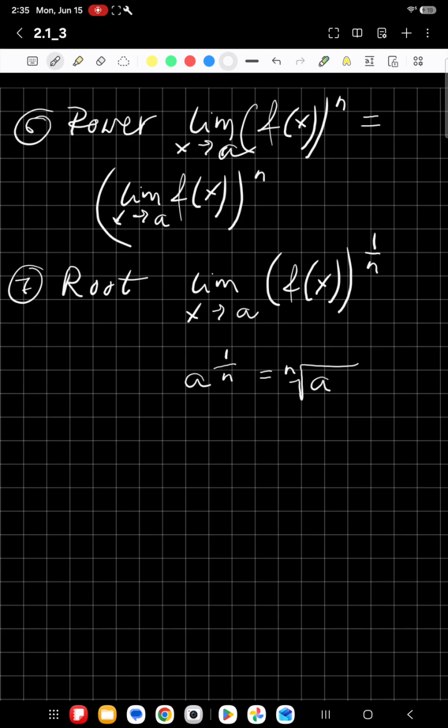So if I was doing, say, 4 to the power of 1 over 2, this is an exponent, it's not 4.5, right? You understand? So that's the square root of 4, and that'd be 2. Okay, so 1 over n is just the nth root, nth radical.